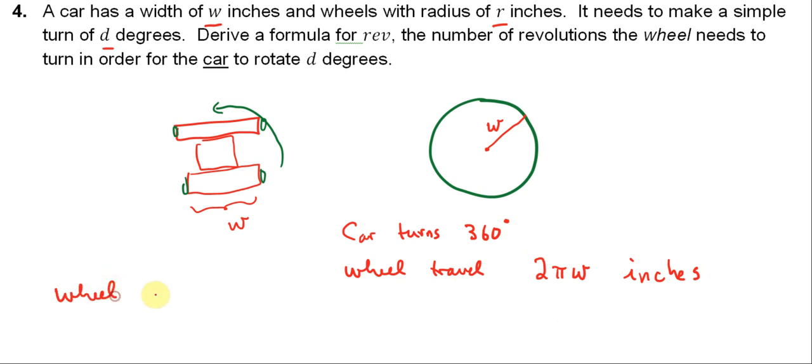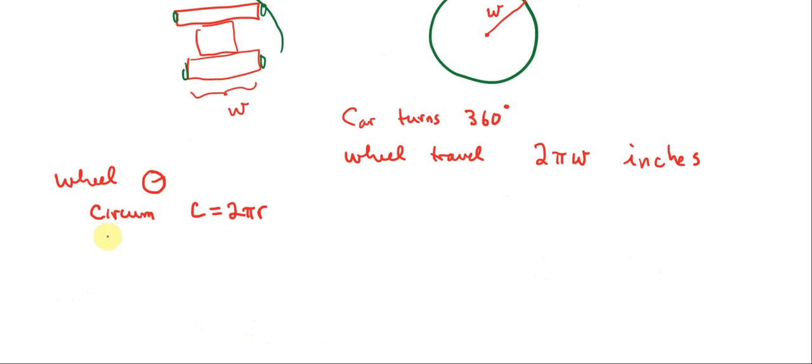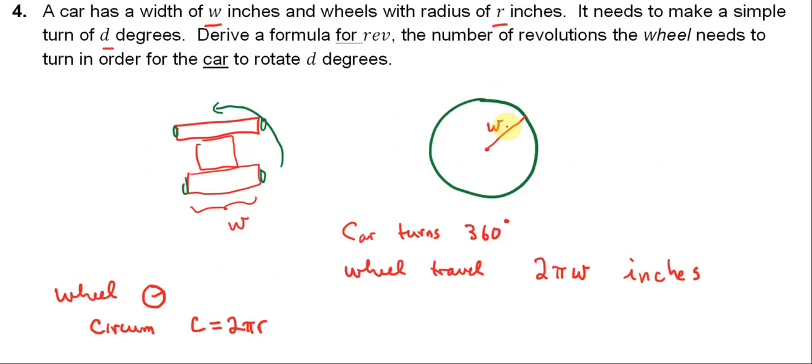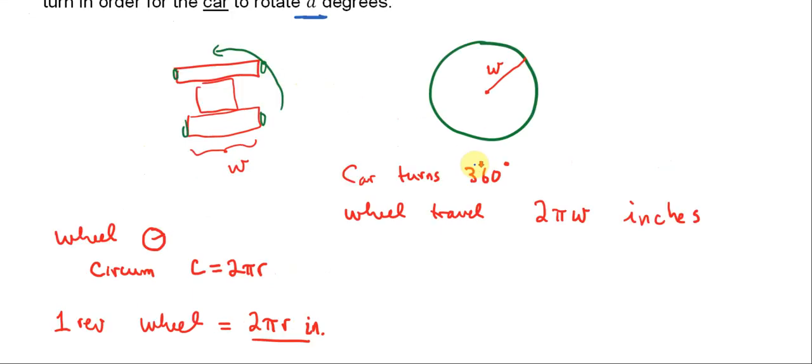The wheel has a radius of R. Then the circumference of the wheel, we'll say C, is equal to 2 pi times R. So one revolution of the wheel produces a distance of 2 pi R inches. So we got the wheel figured out, we got the car figured out for a 360-degree turn. Now all we need to figure out is, what if we don't want to rotate 360? What if we want to rotate some other number, like D degrees?